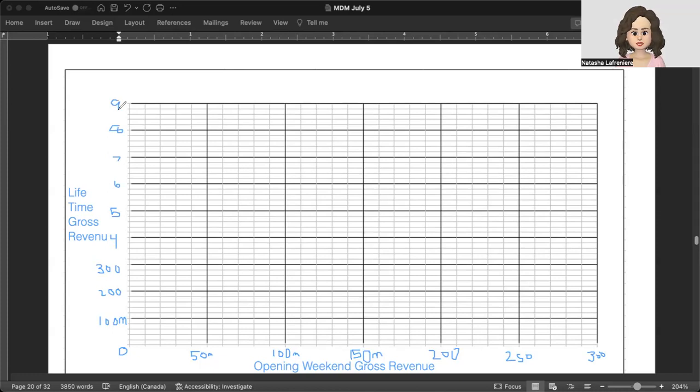Looking at your table, you would put your dots accordingly. I'm just going to do them quickly. We have one here, another one here, another one here. Hopefully you remember how to put dots on a graph.